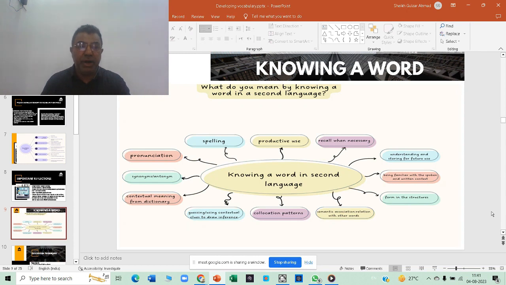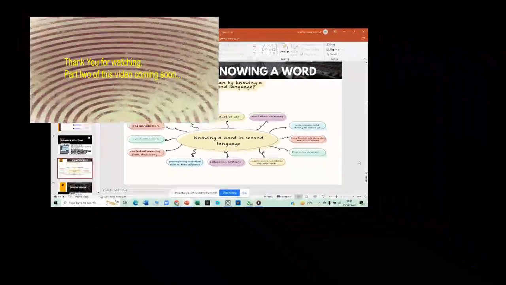And you should be able to know its synonyms and antonyms, its pronunciation, and its spelling. So these are 1, 2, 3, 4, 5, 6, 7, 8, 9, 10, 11, rather 12 different elements that must be there about a word. If you claim that you know a word, you must know these 12 things about the word.